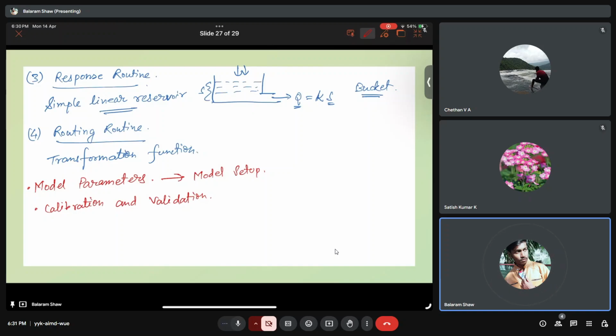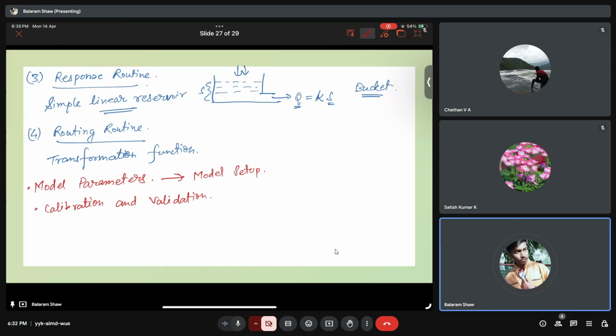Mostly this calibration will be done by the trial and error technique, or if you go for an automatic one, it will use Monte Carlo simulations. There are different criteria which can be used to assess the fit of the simulated runoff. We have seen several performance metrics, like RMSE, R square, NSE, KGE, right?